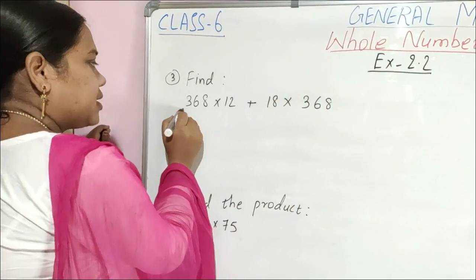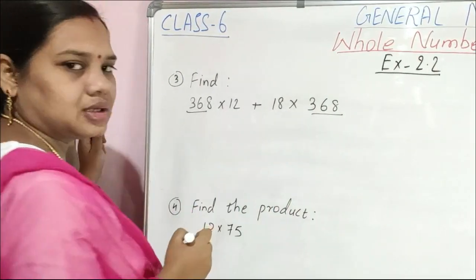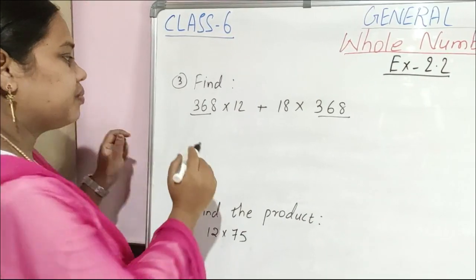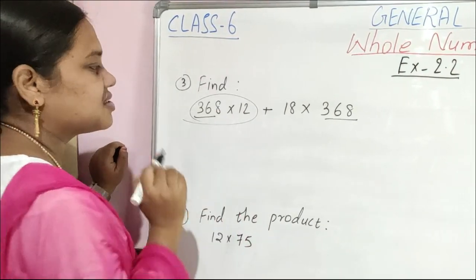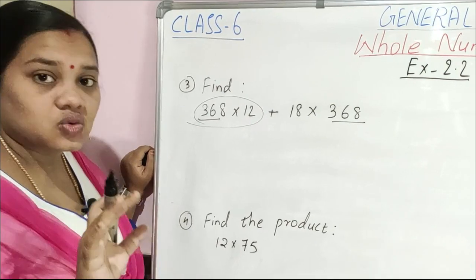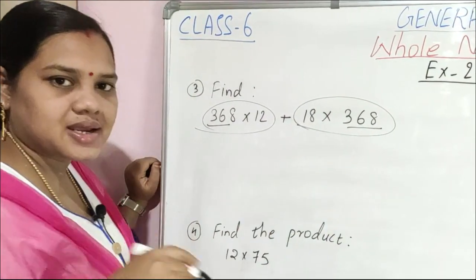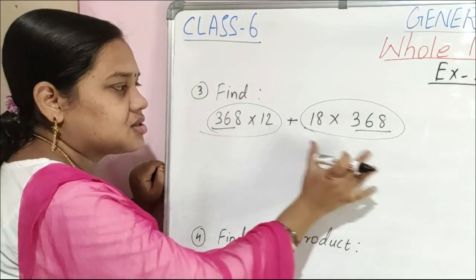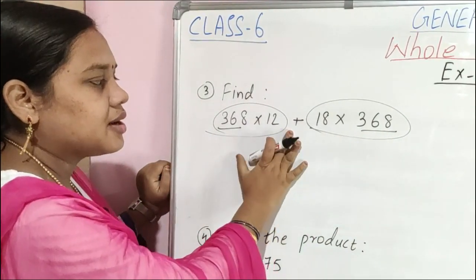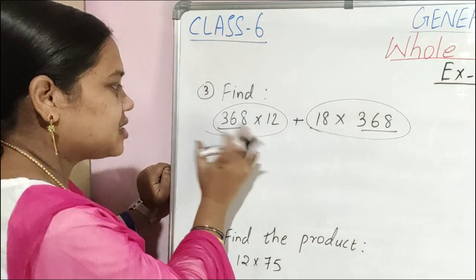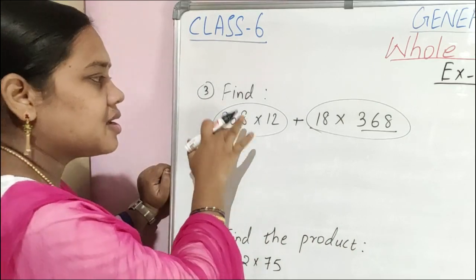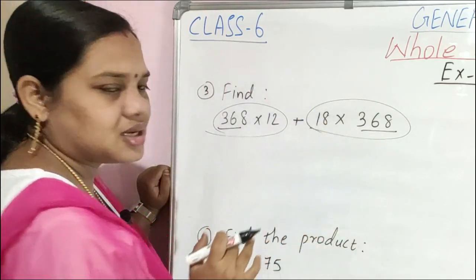What is common? You can see here 368, 368. This completely is one term. 368 into 12 is one term plus 18 into 368 is a second term. Both the terms are added. So in the first term 368 is there, second term also 368 is there.